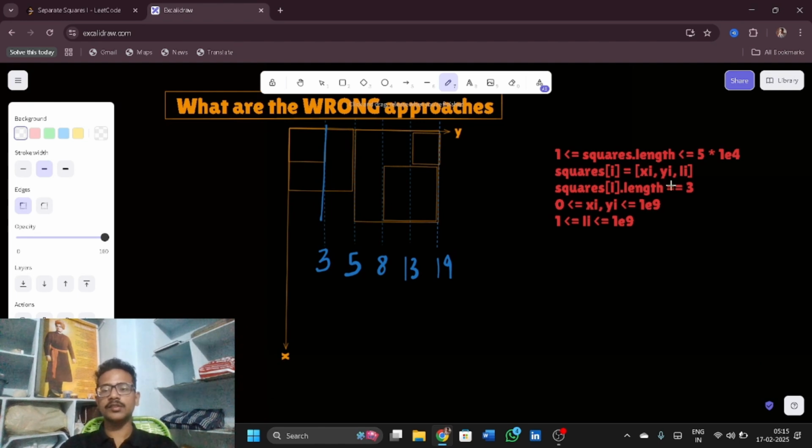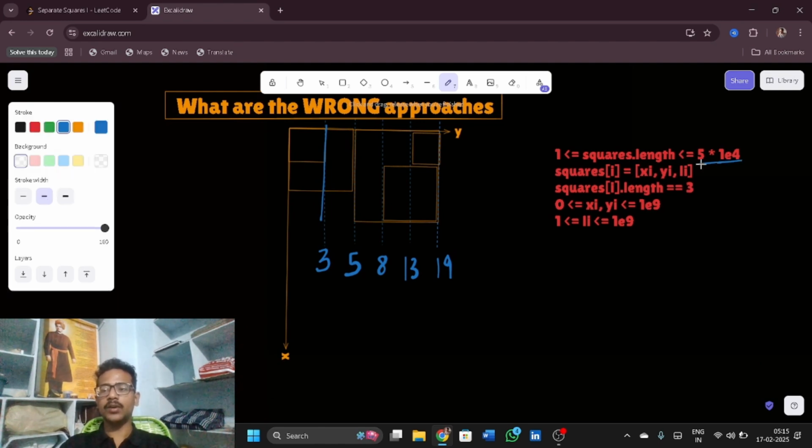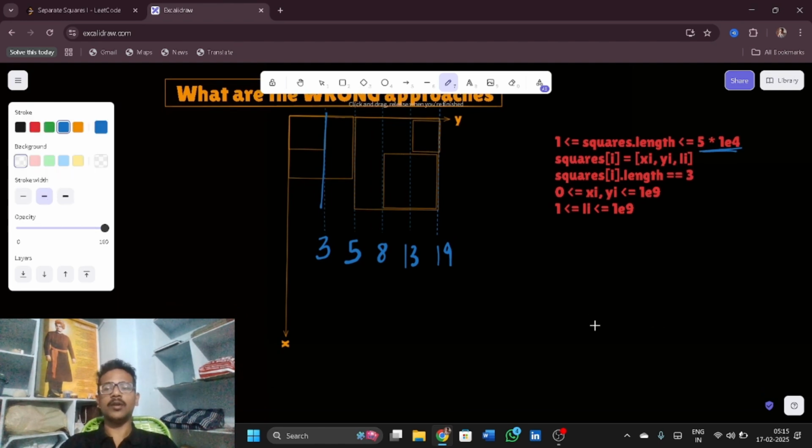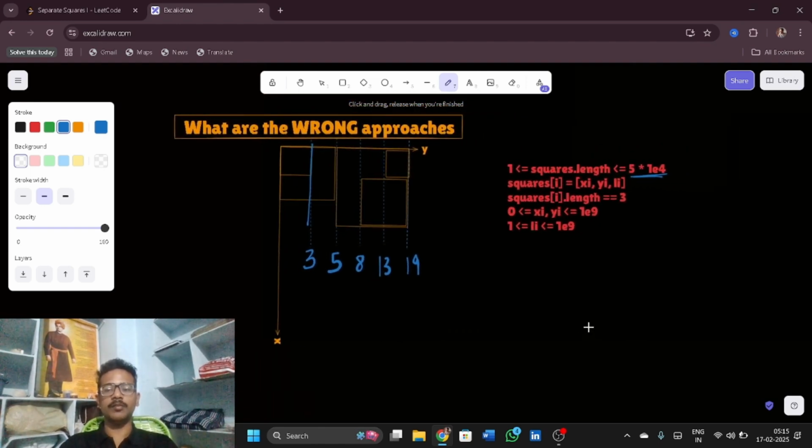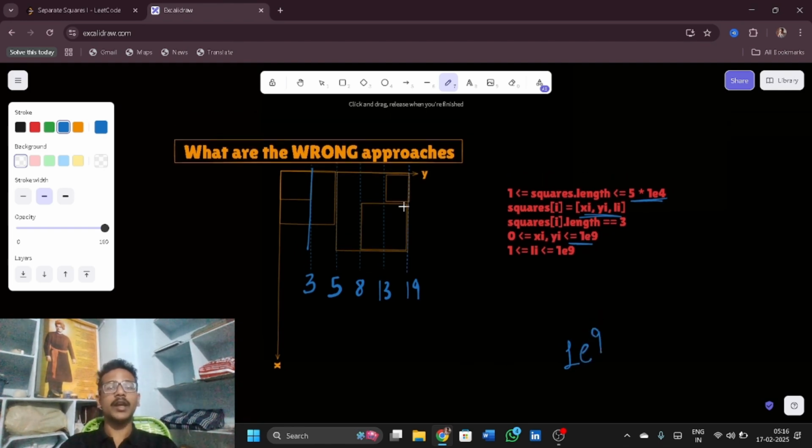Because we are given these constraints. The number of squares can be up to 5 into 1e4, which is 50,000, and the values of xi and yi can be up to 1e9. The length can also be up to 1e9, and I have to also store the last side plus 1.